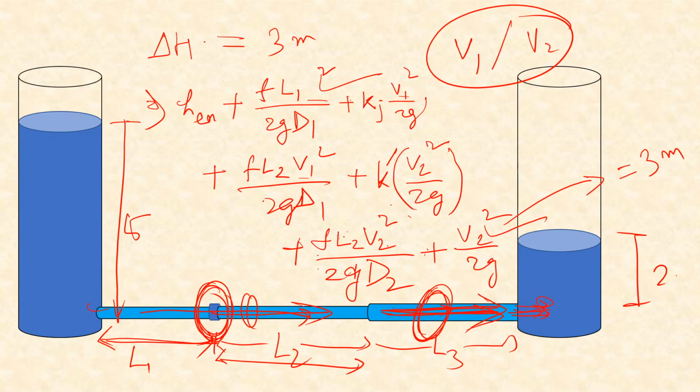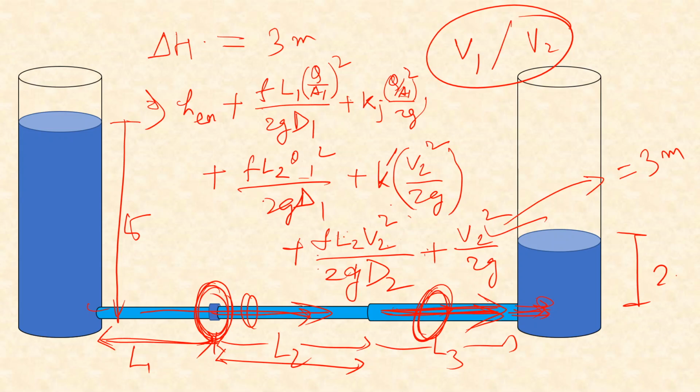So this v1 will be discharge divided by area of the first pipe, A1. That means in place of v1 we are going to write q by A1. It was v square, so (q by A1) squared. Similarly here also (q by A1) squared.